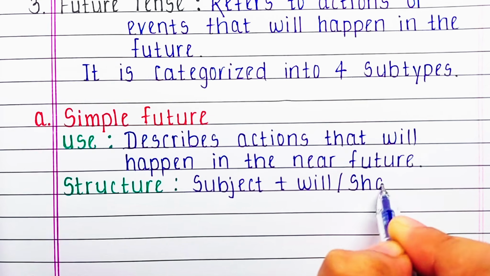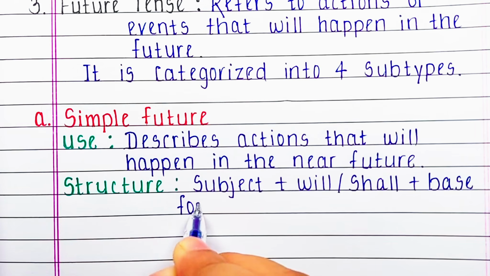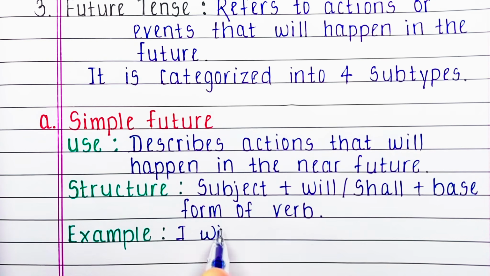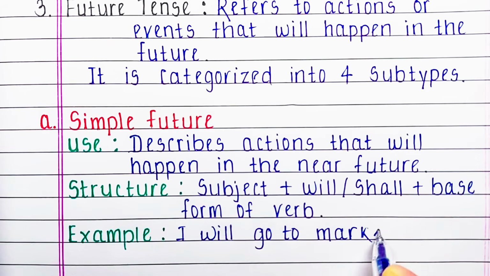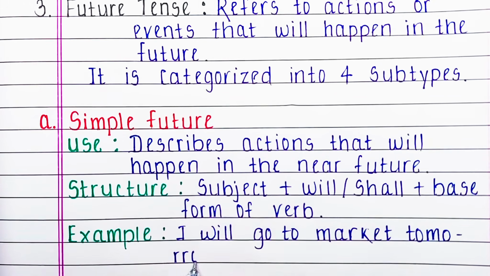Talking about its structure, subject plus will or shall plus base form of verb. For example, I will go to market tomorrow.